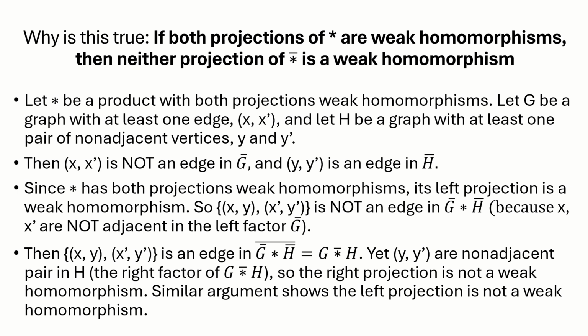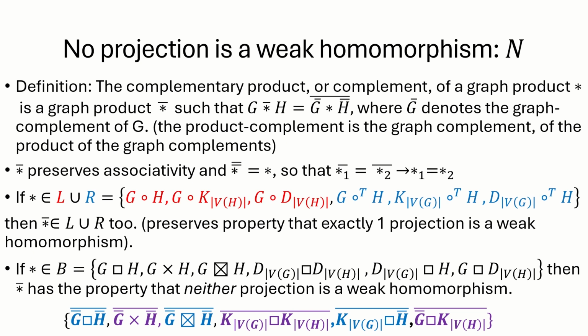As a result, the 6 products formed by taking the complements of the 6 products in the set B are distinct from all of the associative products we've seen so far, because they each have neither projection being a weak homomorphism. And they're also distinct from each other because the complement of a product is the product itself, and the 6 elements of B are distinct.